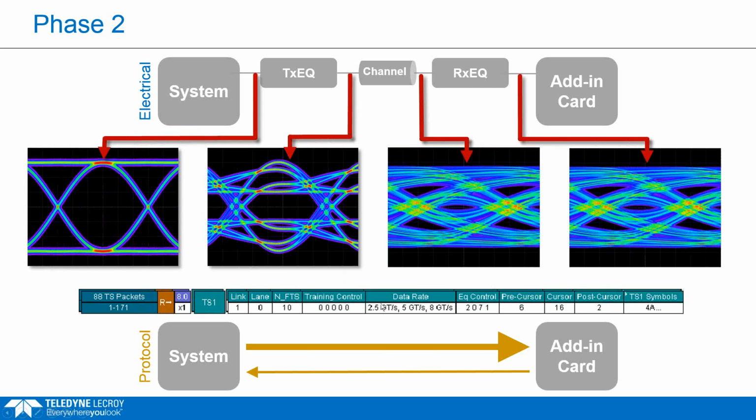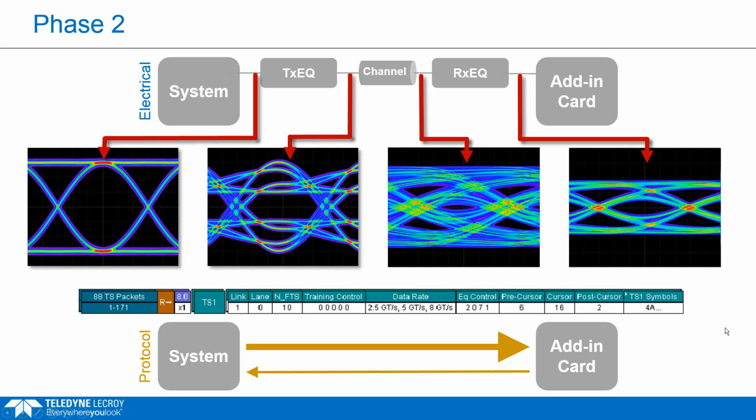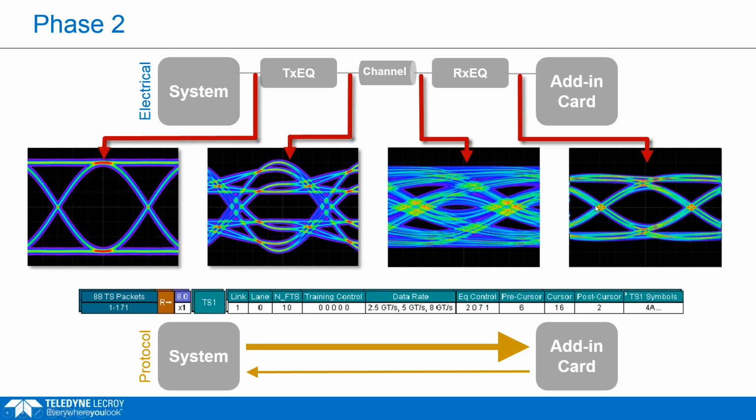Once the system has responded and said it has changed its cursors to the requested settings, the add-in card will take a look at the signal, which by the time it goes through this channel and gets to the add-in card receiver, will be a fairly closed eye diagram. Now the add-in card is going to tune its receiver equalization settings to maximally open the eye. You can see it can apply some additional equalization on the receiver here to get an even better eye diagram.